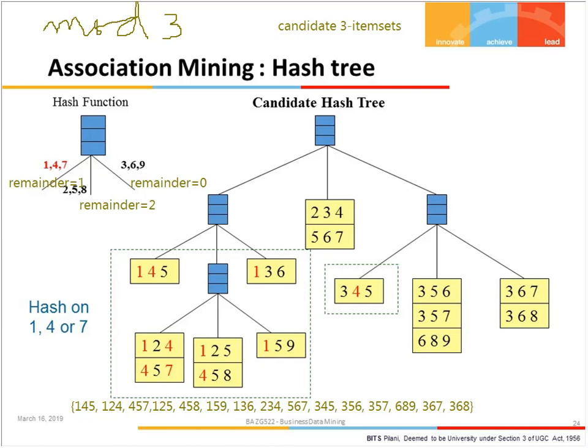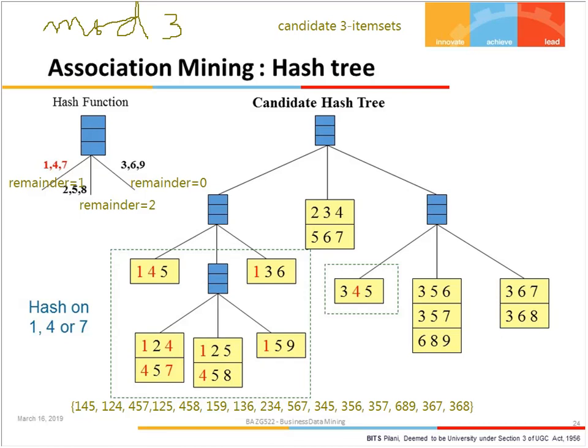Items 1, 4, 7 are the items which will generate a remainder of 1, so we need to traverse the left branch. For the first item set, let's say 1, 4, 5, first we check the first item, 1. The remainder is 1, so we decide to go along the left branch.